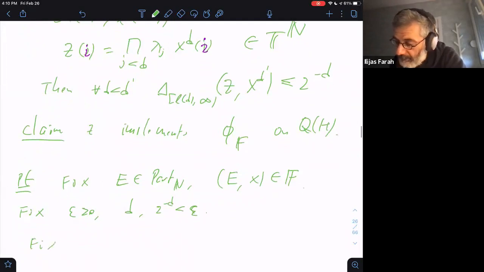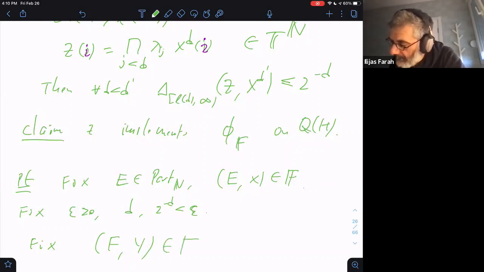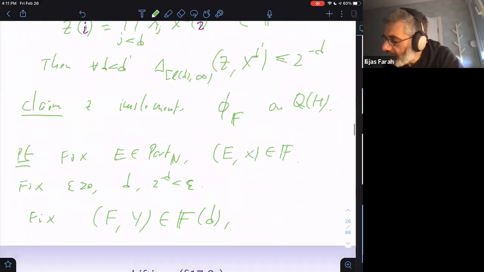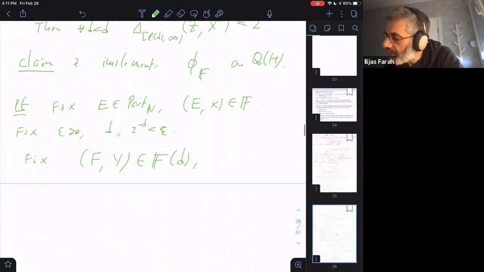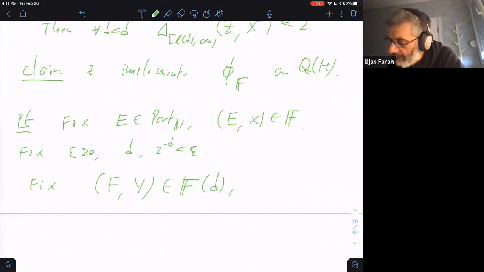And now fix F_y such that F_y belongs to F_d and E is less or equal star than F. That we can do.